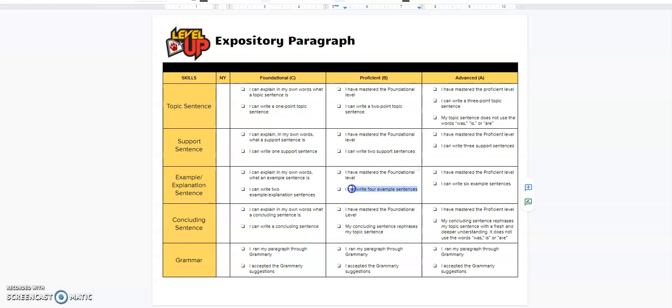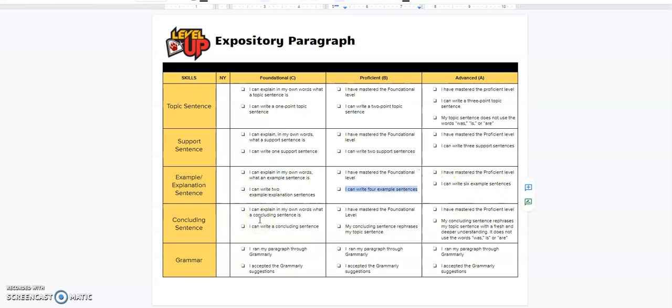For the proficient level, each support sentence needs to have an example sentence and an explanation. That means you will have a total of 4 sentences. And then finally, at the advanced level, each support sentence is going to have an example sentence and an explanation sentence. So that would be a total of 6.